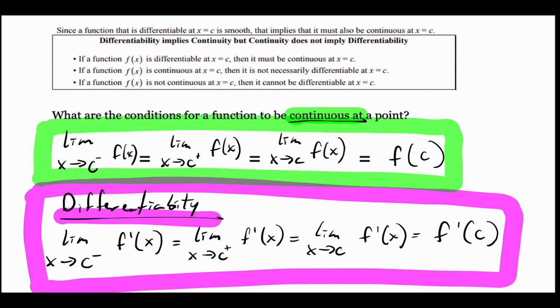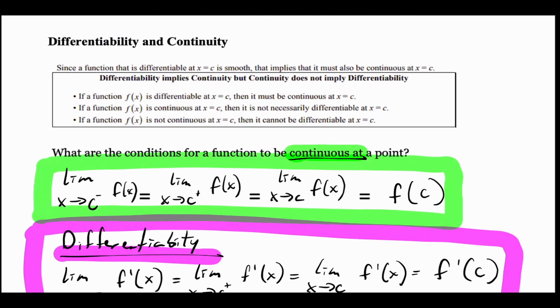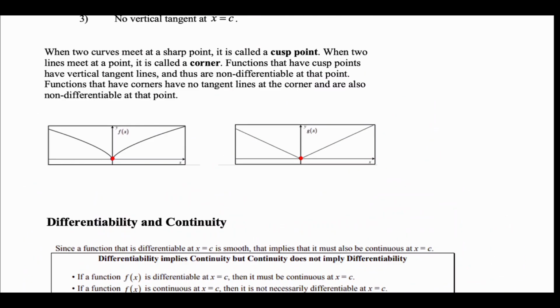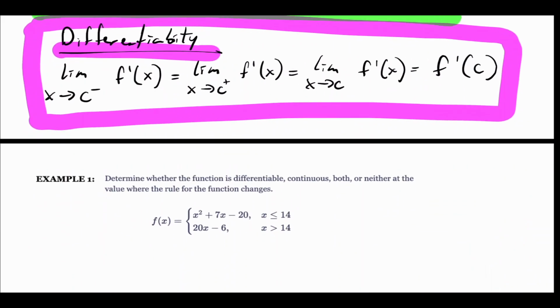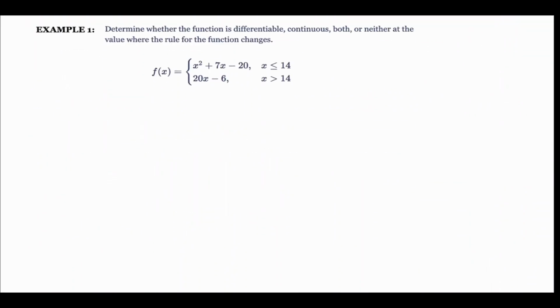So if you don't remember that, just check both. Check both and you'll be fine. Okay? But it's kind of like if it's differentiable, it's continuous. If it's not continuous, it's not differentiable. And if it's continuous, you have to check differentiability. Okay? So that's what we're going to do today. We're checking two things, continuity and differentiability. Luckily, continuity we've done before. That's not anything new.